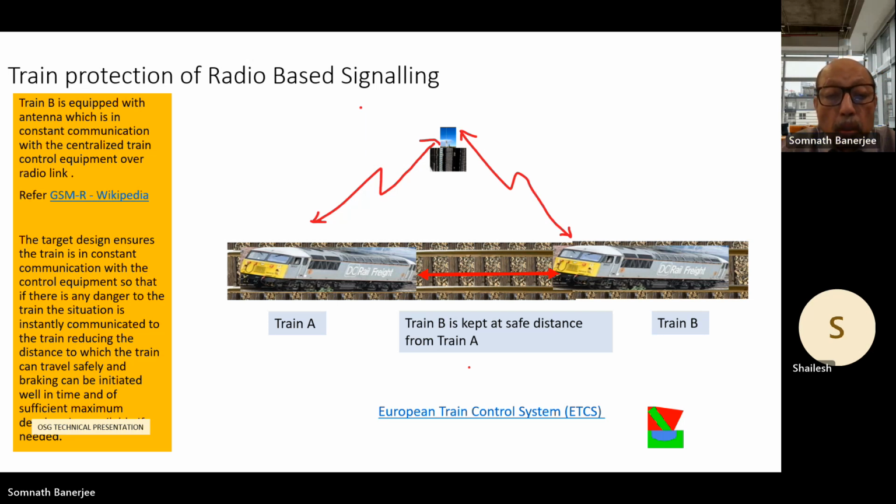Now, there are errors, because train position is basically localized, as we shall see shortly, based on the distance the train travels from certain known locations along the track, which are marked by certain equipment.